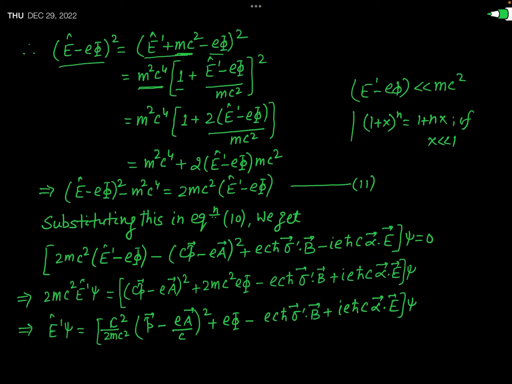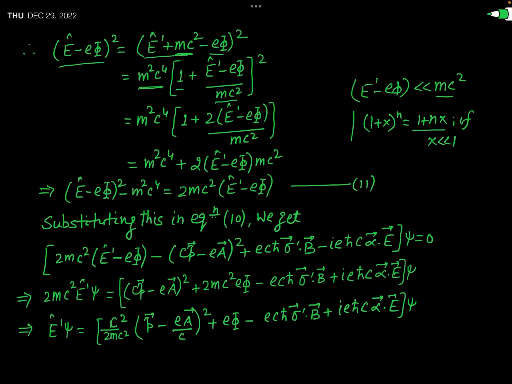Here, since E dashed minus E phi is much smaller than mc square, E dashed minus E phi divided by mc square will be much smaller than 1. So when you expand this in binomial expansion, you have to take the first approximation. This is called first approximation, okay?